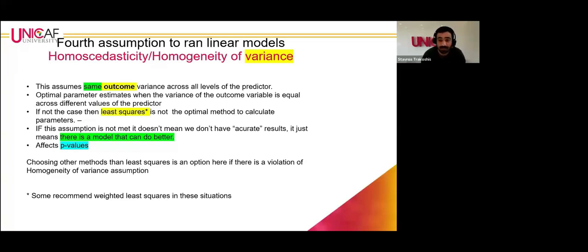And this assumption basically says that there is the same outcome variance, so outcome here is the dependent variable, across all levels of the independent variable or the predictor. If this assumption is violated, again, you don't get the best parameter estimates, which are the beta coefficients in linear models.